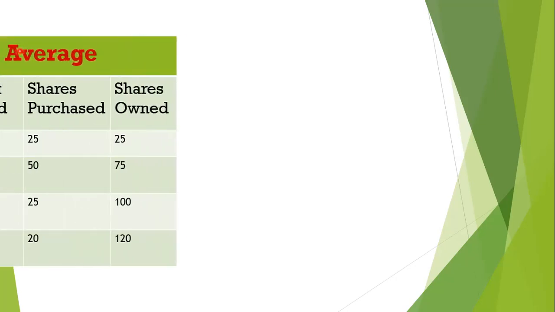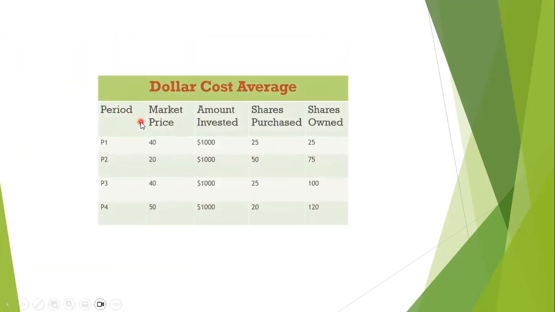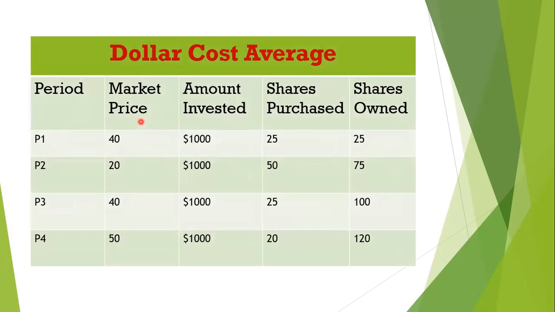So now let me show you the table illustration. First of all, you pick the periods that you want to be using. Some people can use monthly, others use bi-weekly. So the periods that I'm going to use are P1, P2, P3, P4 that represent months.